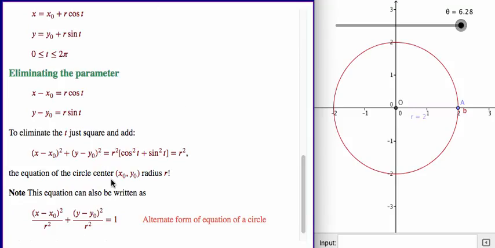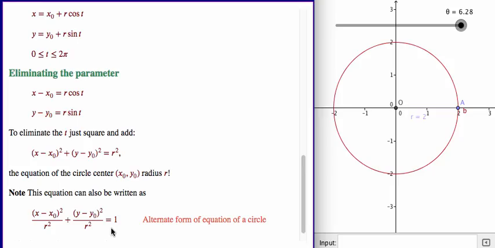So basically, let's eliminate this middle step, which isn't necessary, since we've now eliminated the t anyway. I've got too many equal signs, so let's get rid of one of them. That's the equation of the circle. Divide both sides by r squared, and you get that.